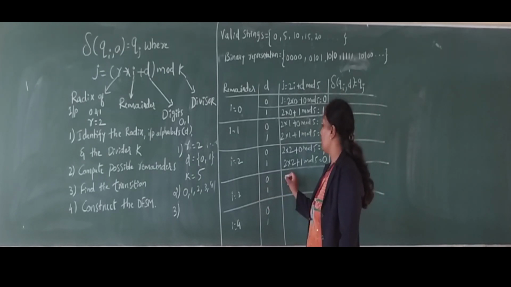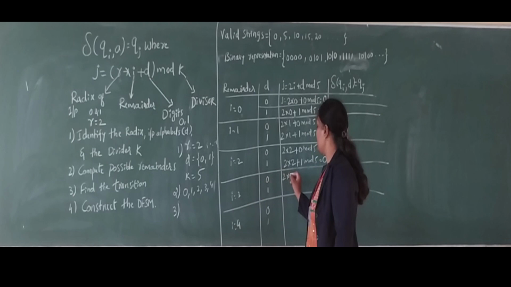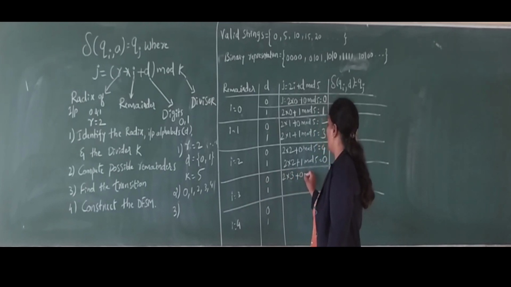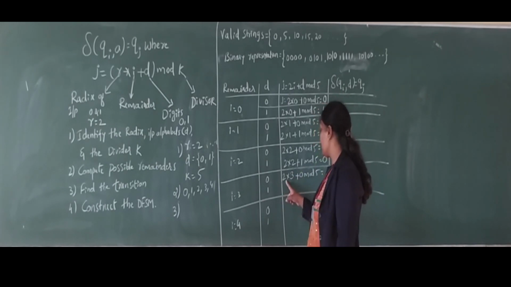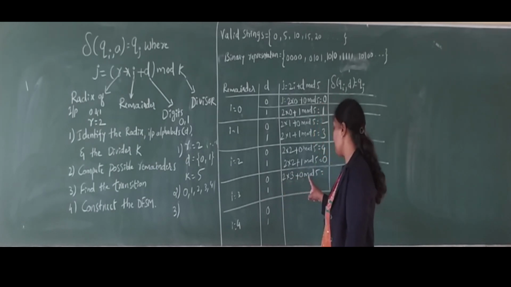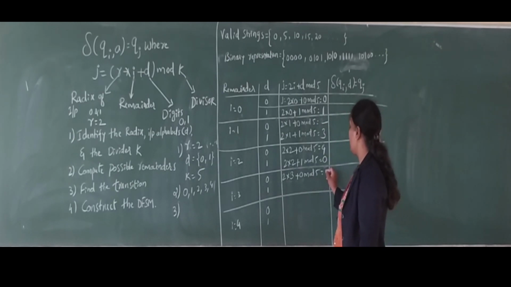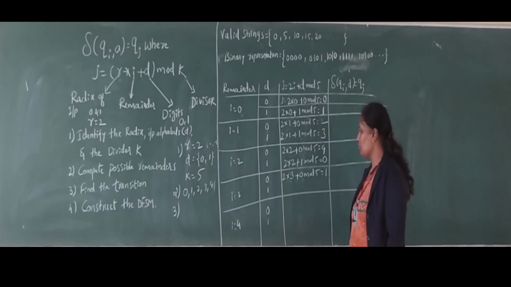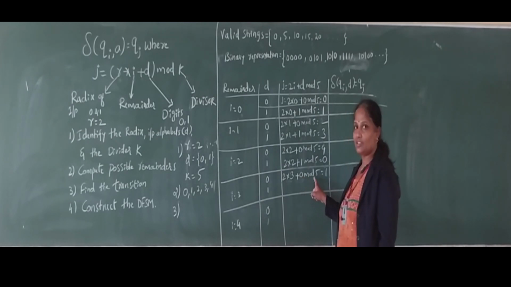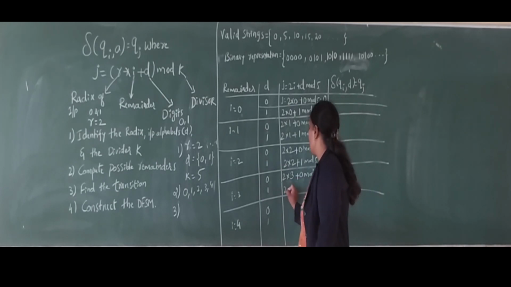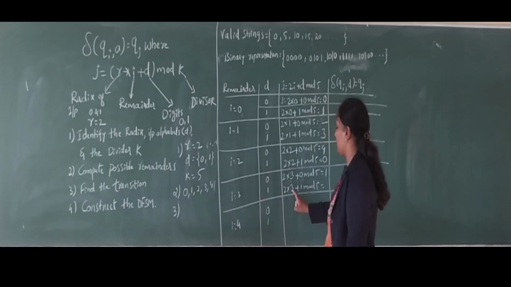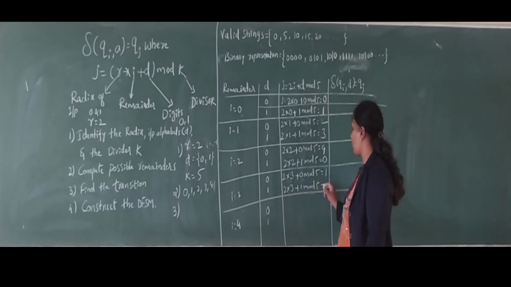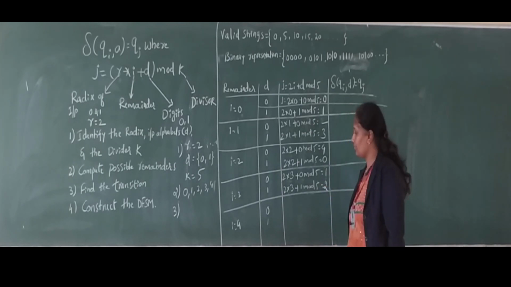Next, 2 into the I value, 3, plus 0 mod 5. 3 into 2 is 6, 6 plus 0 is 6 itself, mod 5. The remainder is 1, 6 mod 5 equal to 1. If you divide 6 by 5, the remainder you get is 1 here. Next, 2 into 3 plus 1 mod 5. 6 plus 1 is 7, 7 mod 5 equal to 2.